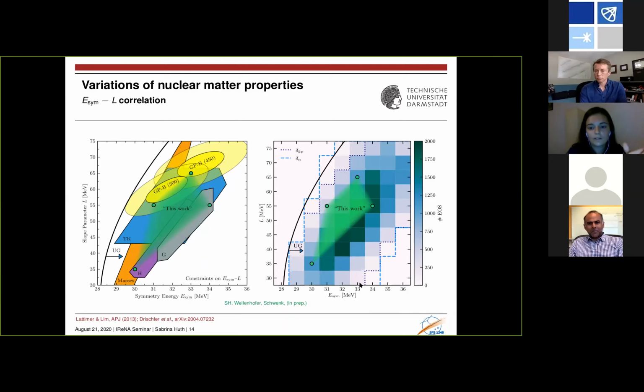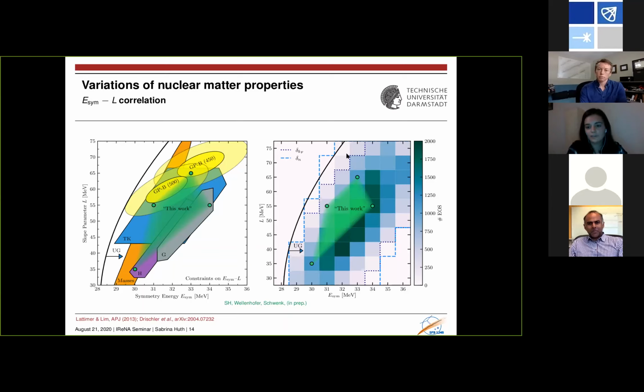And then we looked for combinations that both generate lots of EOS that are consistent with constraints, but also capture all the uncertainty range here from the theoretical calculations. So, for example, this one point here is just one extreme point where you have really small symmetry energy and slope parameter. And then we also have ones that are larger.